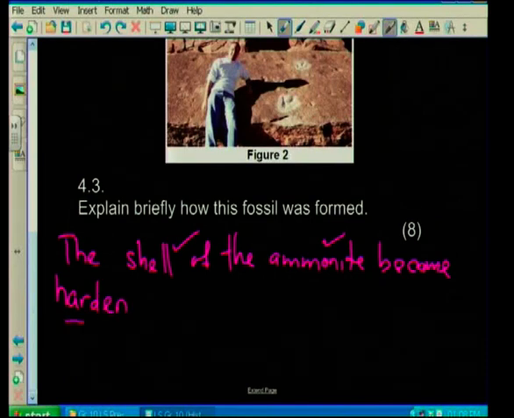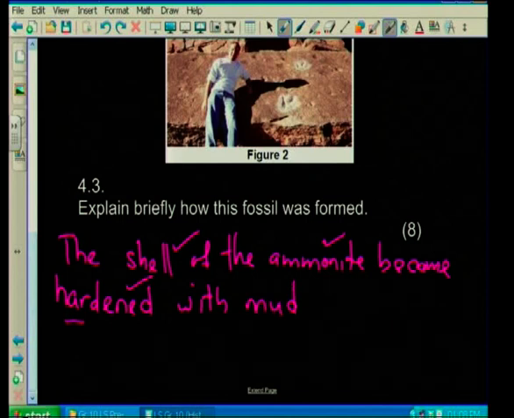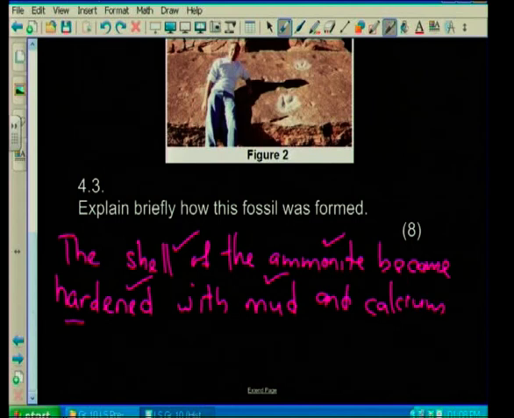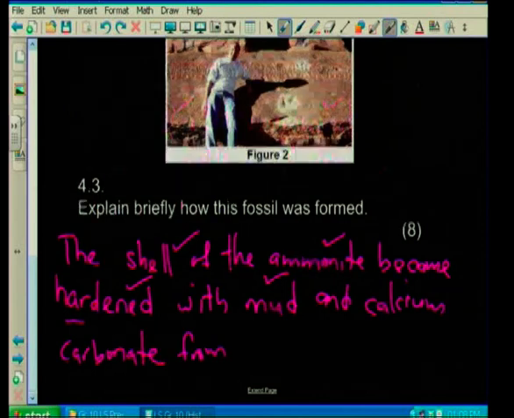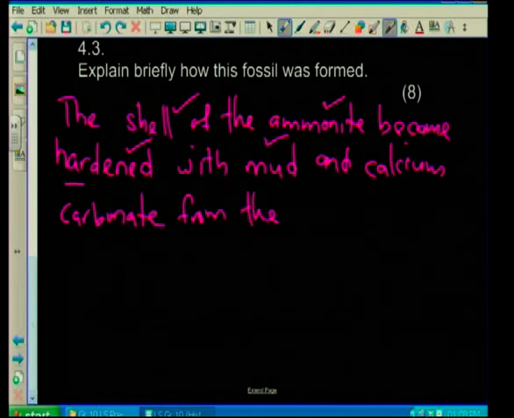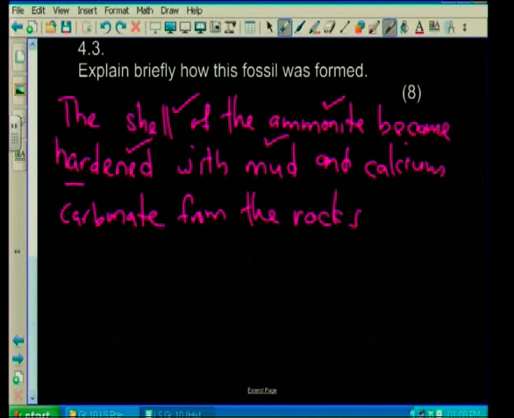Remember, the word hardened is very important as part of petrification. Became hardened with mud. So you get a mark for hardened, mud, and the calcium carbonate from the rocks. The shell of the ammonoid became hardened with mud and calcium carbonate from the rocks.